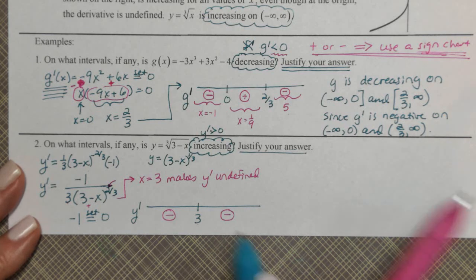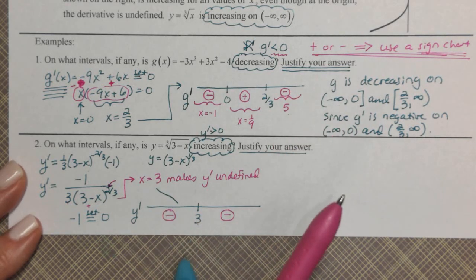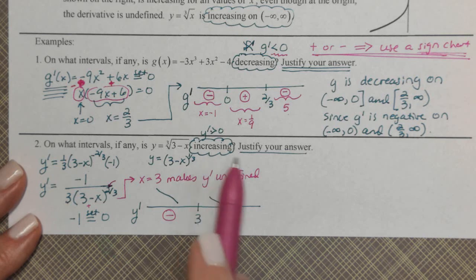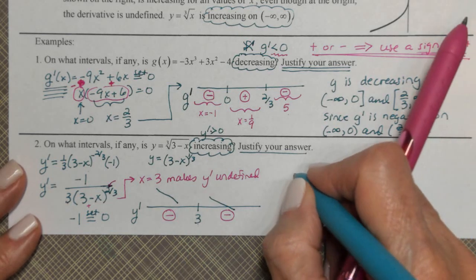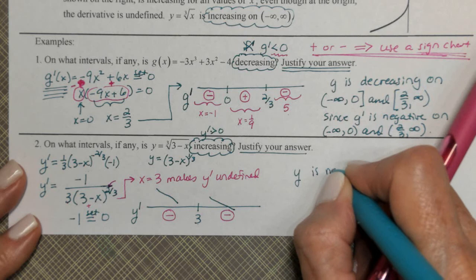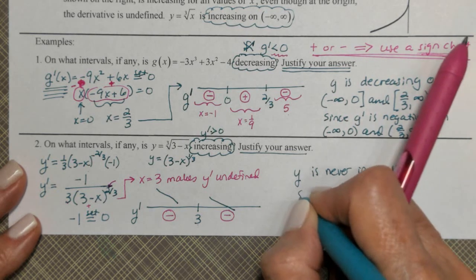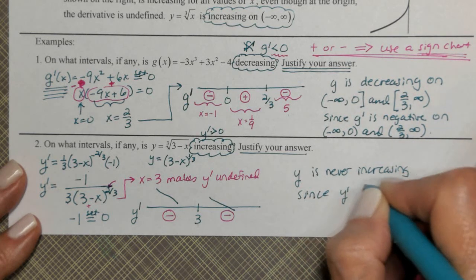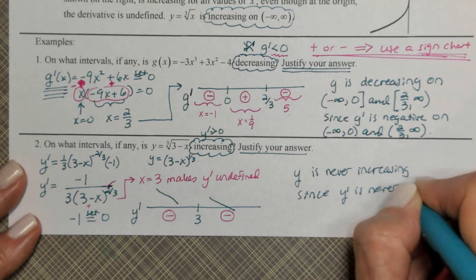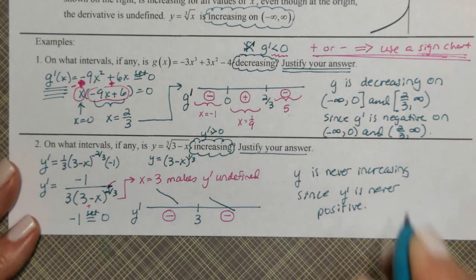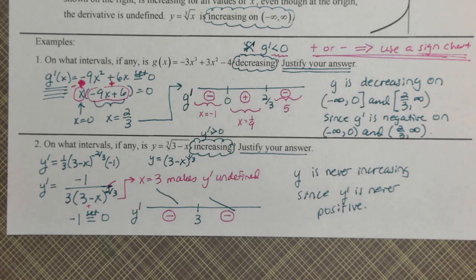So this curve was decreasing, and then it kept on decreasing after 3. Okay? So where is this curve increasing? Never. y is never increasing, since y prime is never positive. And that is increasing and decreasing intervals.